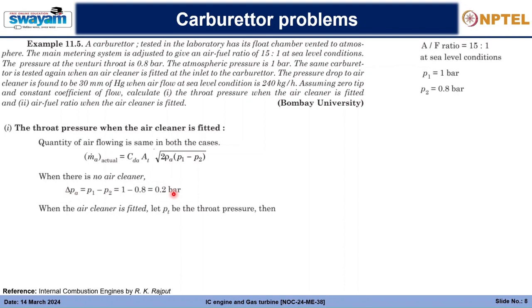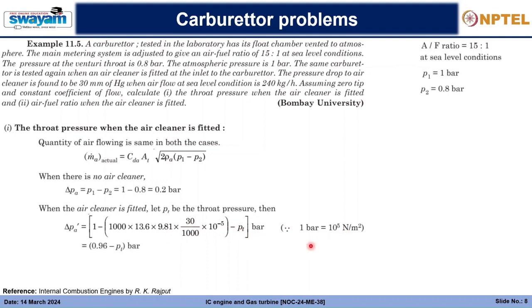Now this pressure will change because the mass of air will be the same, but the pressure will be different. Let's assume that PT is the throat pressure then. We can use this formula, delta PA dash is 1 minus the manometric head, 30 mm of Hg, minus PT bar.